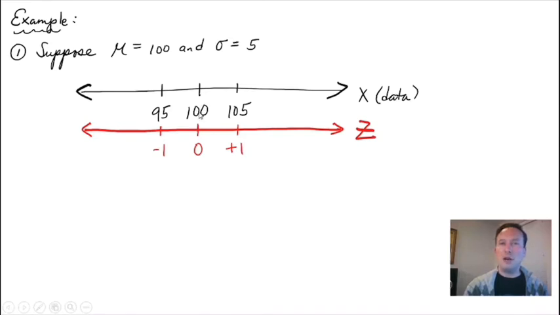I started at 100 and I added the standard deviation once to get 105 and I subtracted it once to get 95. So the number of times you add or subtract it is the z-score. So if you add the standard deviation once to the mean, it's +1. If you subtract it once from the mean, it's -1.